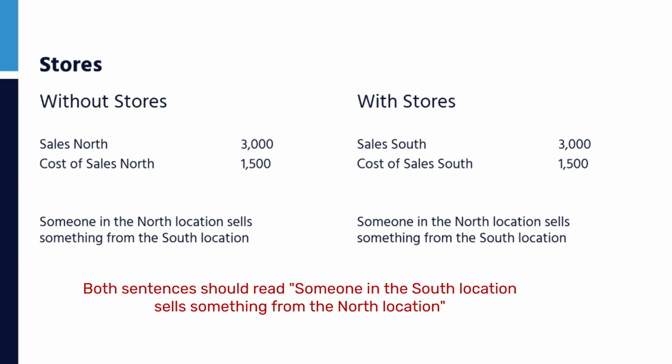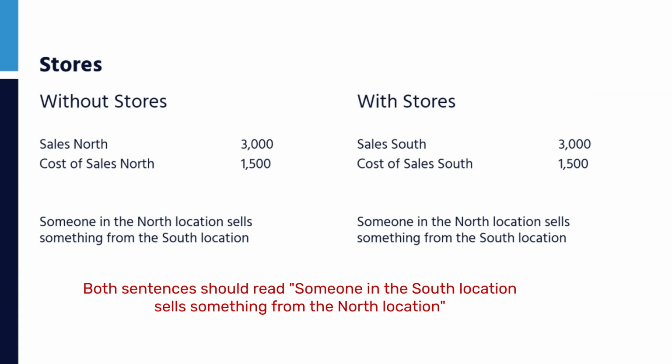So basically, if I'm in the south location and I sell something from the north location and I'm not using stores, those general ledger postings would still go through as if that sale occurred in the north store. So it's actually following where that inventory is moved from as to where it's posting in the general ledger.